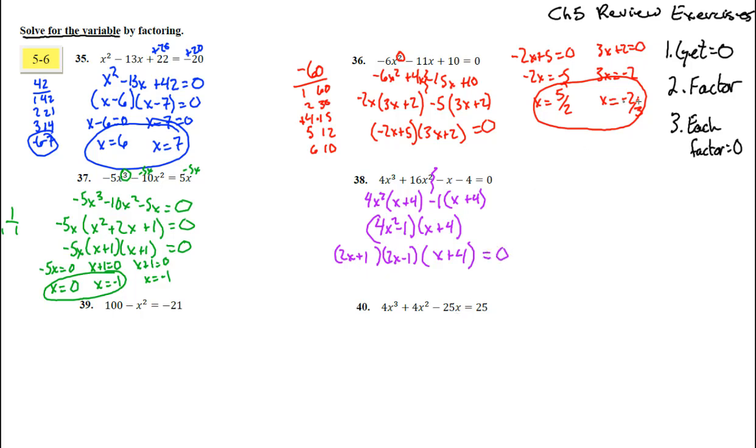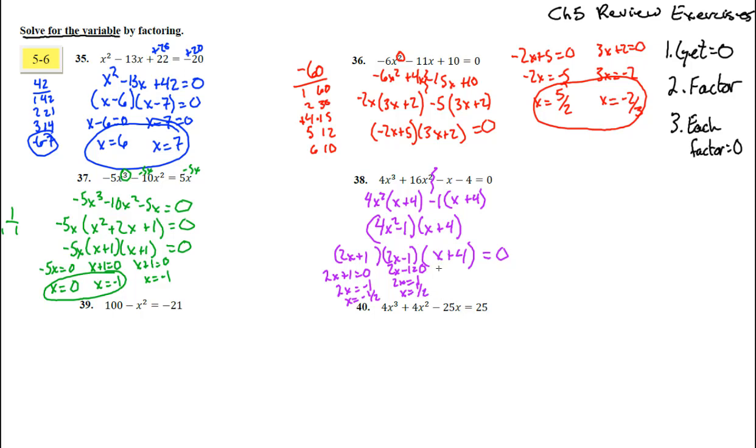So now we have 3 factors to set equal to 0. We get 2x plus 1 equals 0. Subtract 1, you get 2x equals negative 1. x equals negative 1 half. Good. Next one, 2x minus 1 equals 0. Set that factor equal to 0. 2x equals 1. Divide by 2 and we get x equals 1 half.